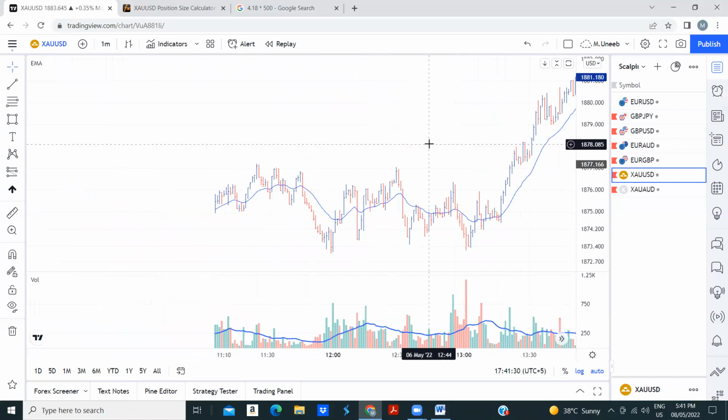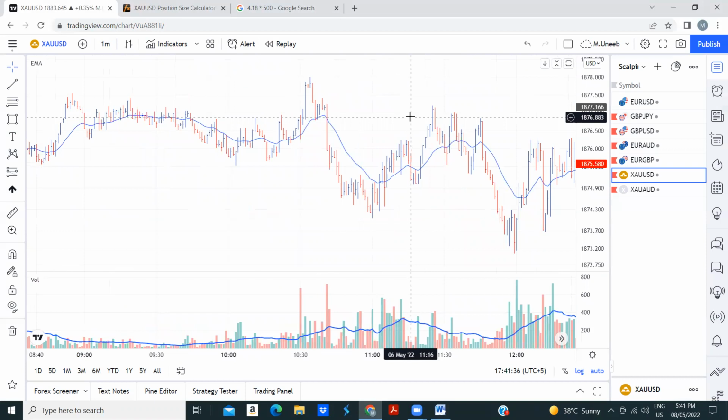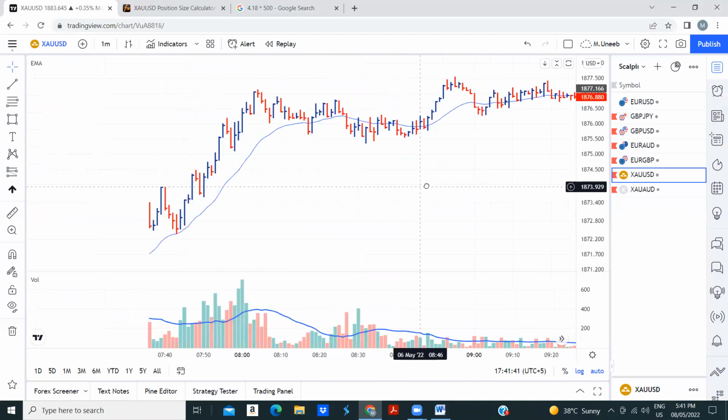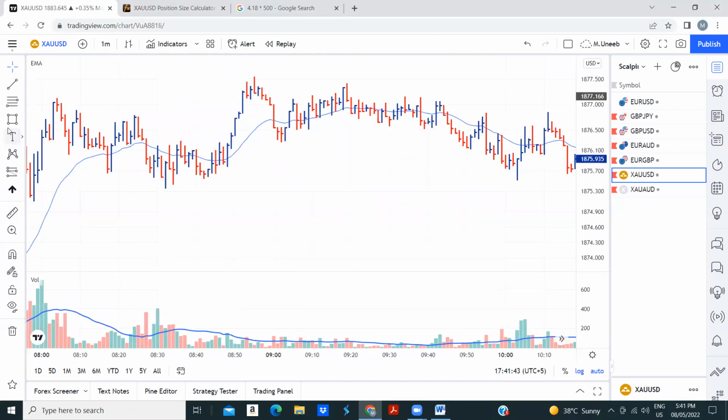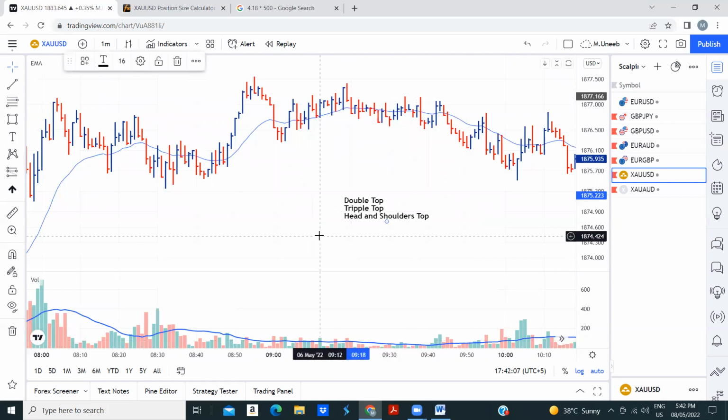For example, double top, triple top, head and shoulders. You don't have to remember all these. If you know accumulation and distribution, you can easily identify what's going on.